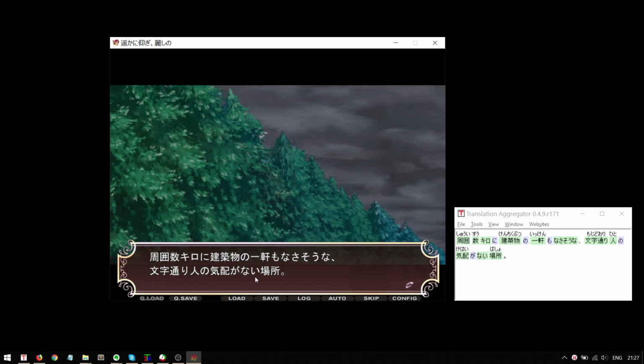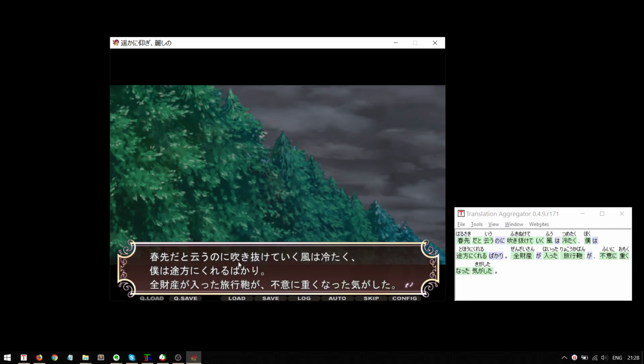Usually 気配 means there's a presence of, it feels like someone is nearby. So this means that it feels like there are no traces of people. And it also feels like there's not a building in a couple of miles.